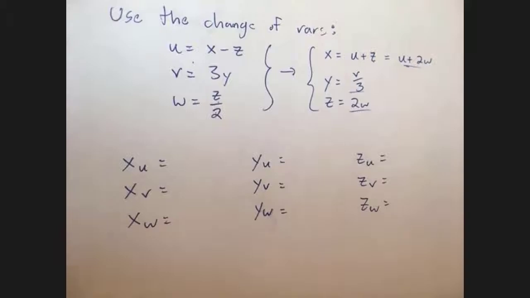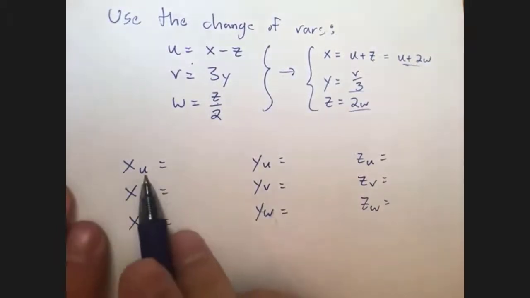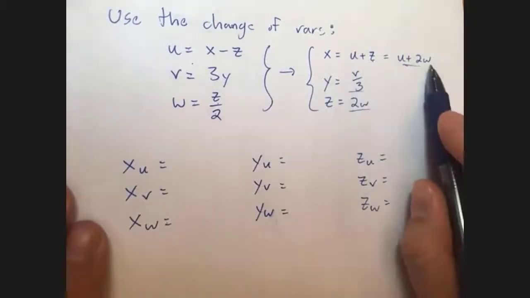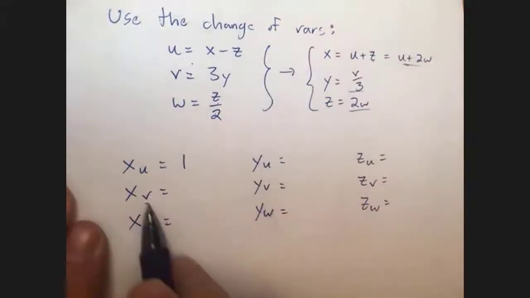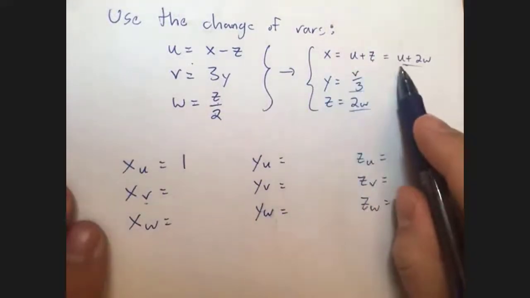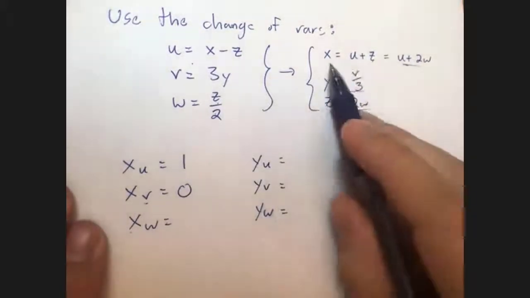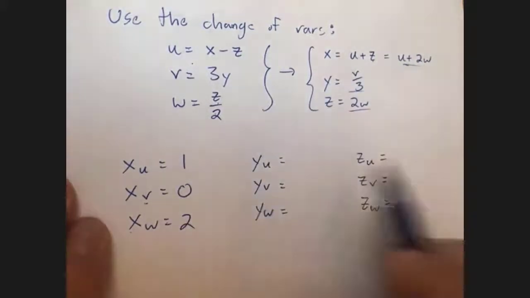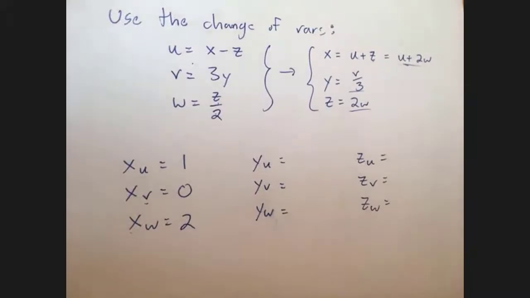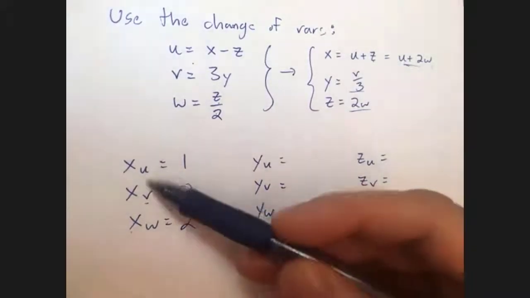Okay. xu, that's the derivative of x with respect to u, that's 1. xv, the derivative with respect to v, there's no v here, so the derivative is 0. xw is 2.